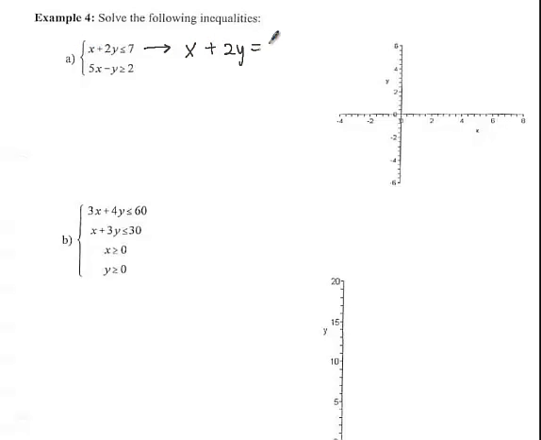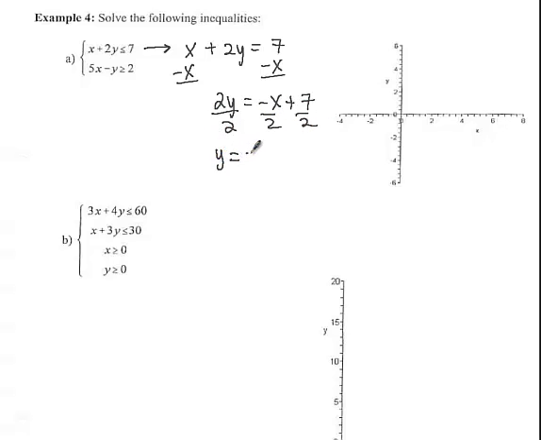We take it and replace the inequality with an equal sign. It's linear, so it's pretty simple to graph. But we want to rearrange it to where y is by itself. So we move the x, we subtract it from both sides. We have a 2y, so we divide by 2.